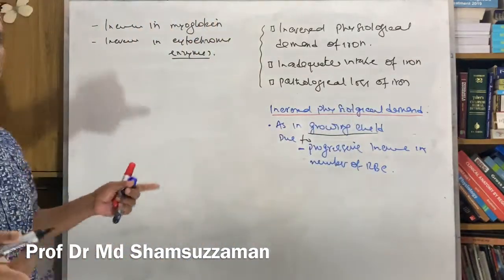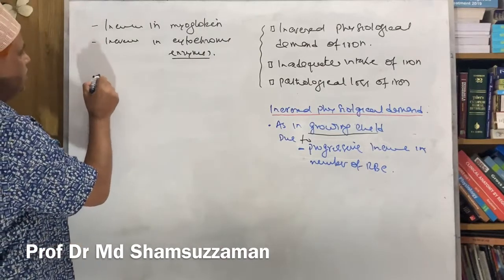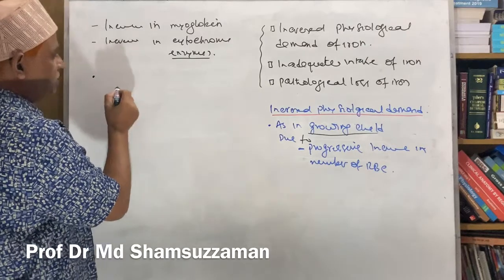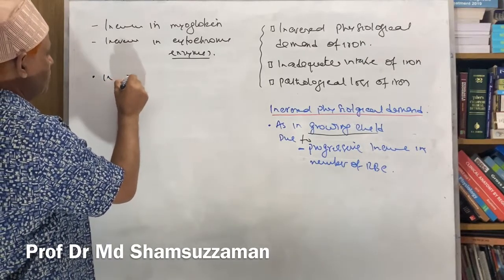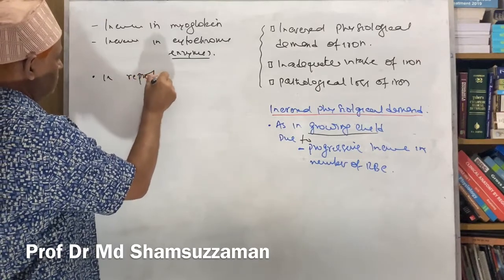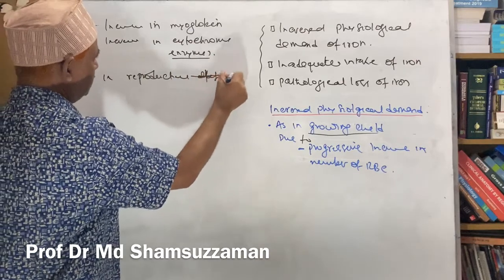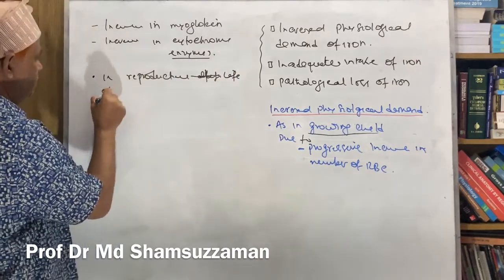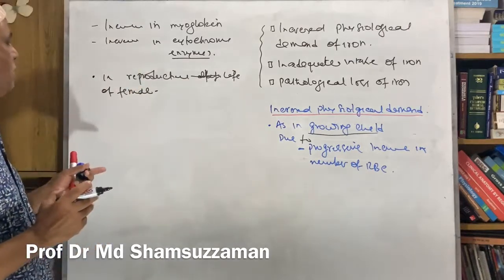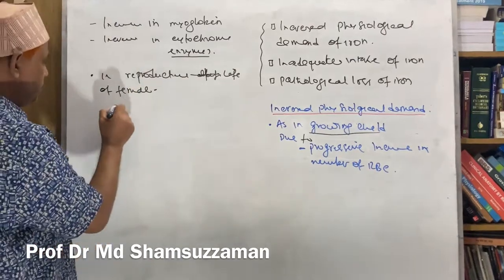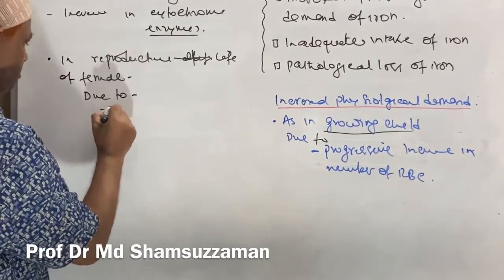Again, increased physiological demand of iron in the reproductive life of female. Why in reproductive life of female is there increased demand? It is due to number 1, menstruation.